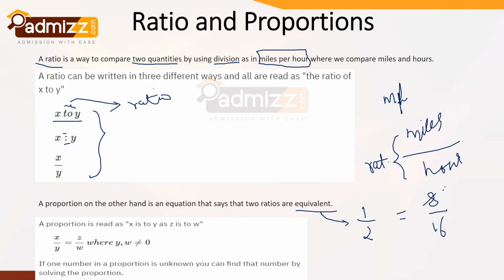Because 8 times 1 is 8 and 8 times 2 is 16. So it boils down to 1 over 2. So 1 over 2 and 8 over 16 are equivalent ratios. And this equation is called a proportion. Now, proportions are used to find unknown quantities in ratios.